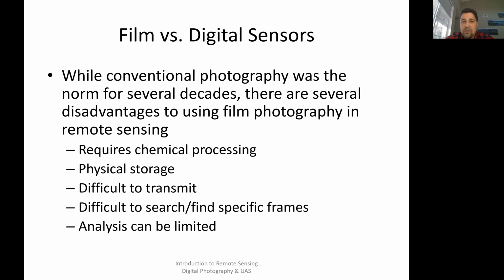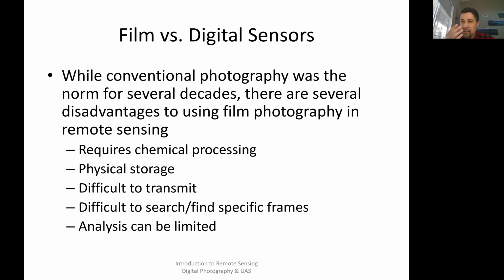Advantages in this case, well, I guess what we have noted here is the disadvantages of using film, right? And again, it's not to say that film is a bad thing, because it's actually very proven in terms of photogrammetric stereo collection. There's a graininess to it.